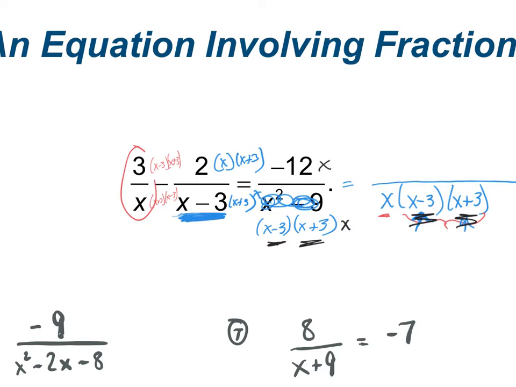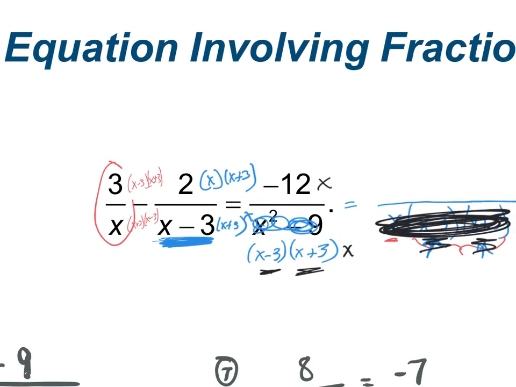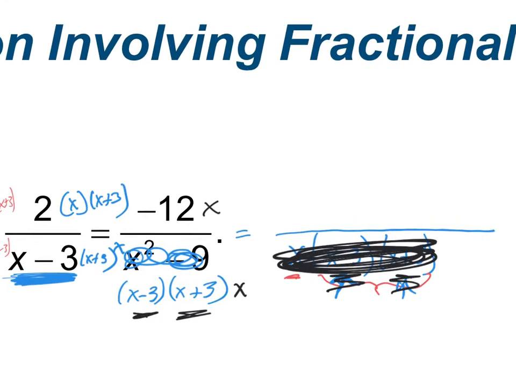Now that we have gone through and made everything equivalent, you can cross off the bottom. It's gone. You've gone through and made equivalent fractions so they all have the same denominator. You can just cross it off. And now this just becomes a simple algebra problem. I'm going to rewrite it here.